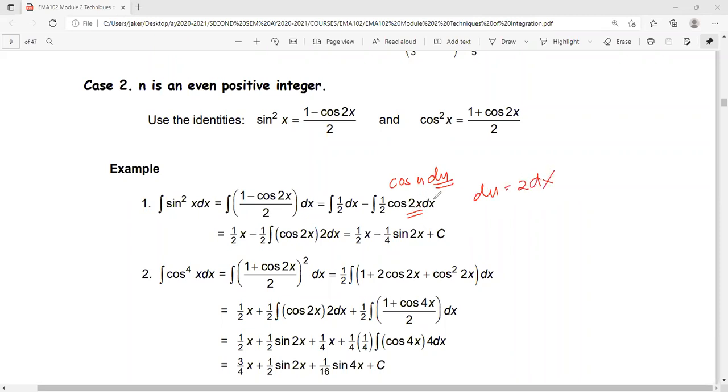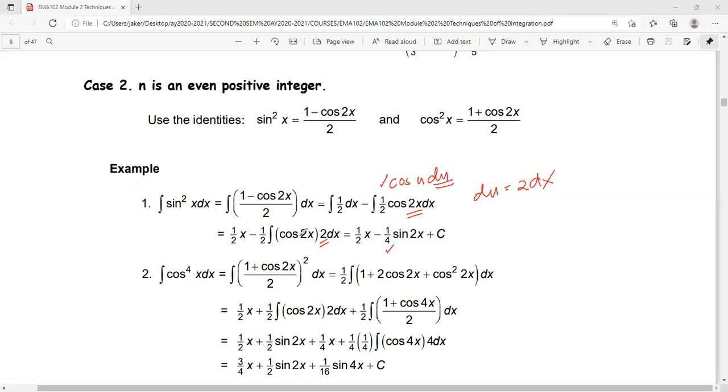You lack 2 in here, so you divide by 1/2 in here. So what happens? Your original 1/2 here will be multiplied to another 1/2 because you need to introduce this 2 in the derivative dx. That way it will complete the derivative of the u of your cosine function to 2 dx. That is why you see here already 1/4. Because this original 1/2 times another 1/2 due to the introduction of 2 in here would be 1/4.